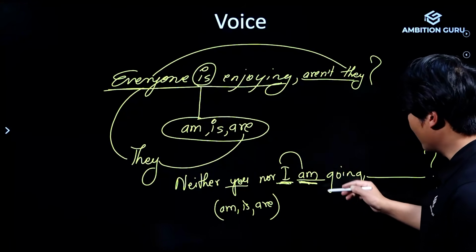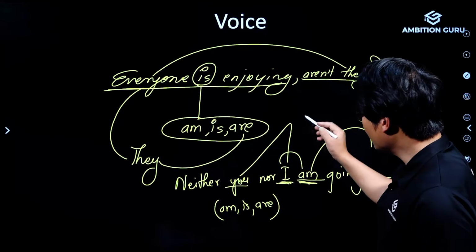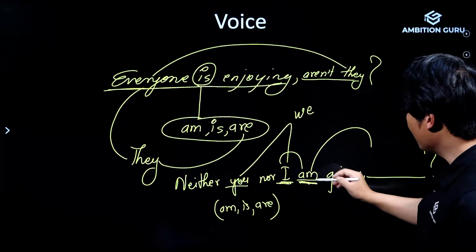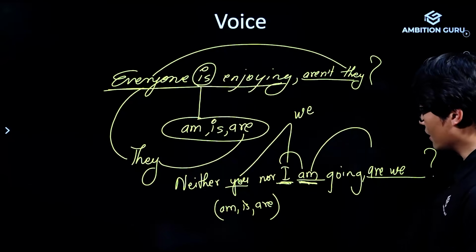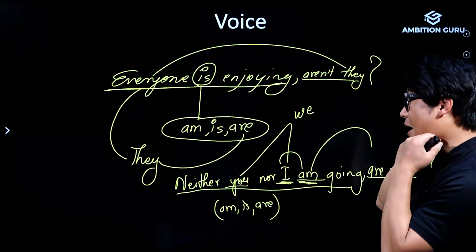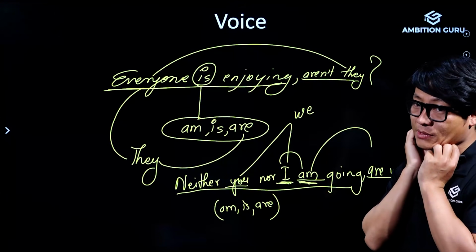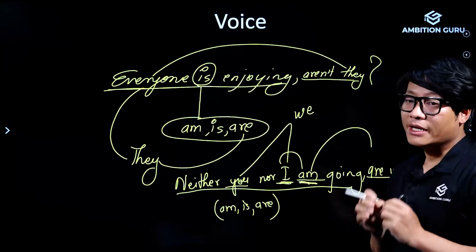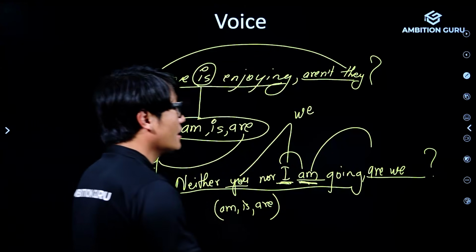So what should be here now? "Am" means what? "Am" is "are". So "you and I" means what? "We". So what should be the answer? "Are we?" Because this sentence is negative. Neither you nor I am going, are we? Like that, for the confirmation. "Either" is the same, but "either" is positive, so the tag question would be negative.